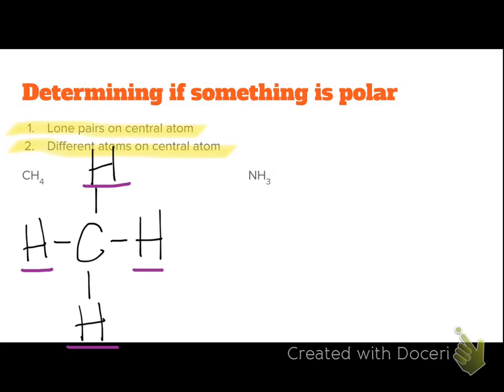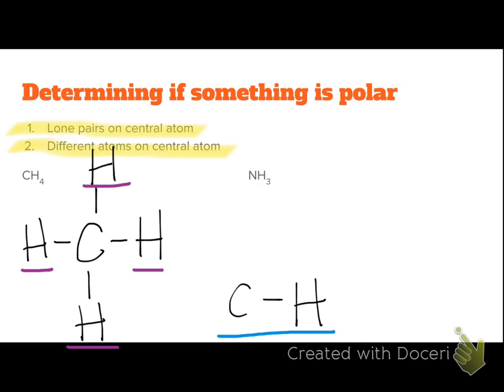Right, so let's change our color here. Now, remember that the head of the arrow is going to point towards the negative end of your bond. So we have CH here. Now, what you're going to have to remember is which end of this bond here is more electronegative.